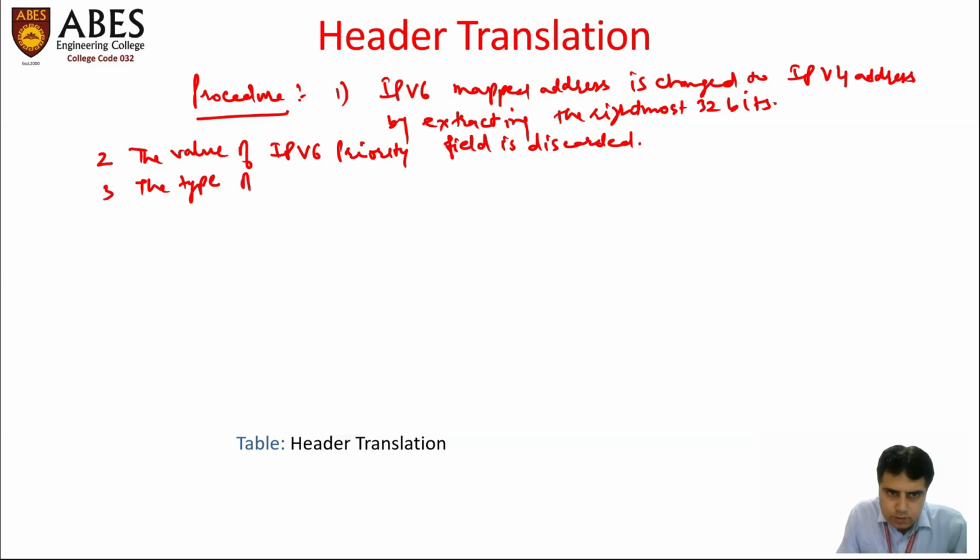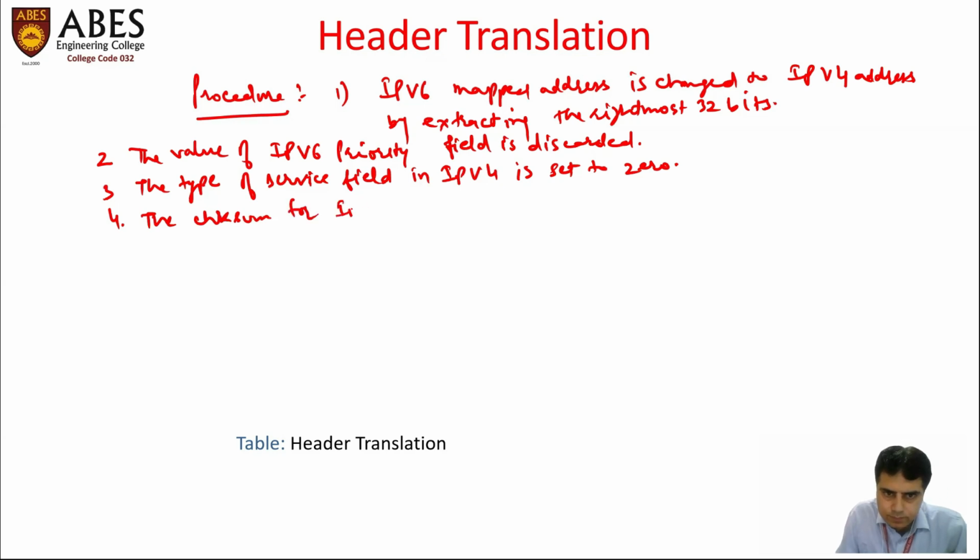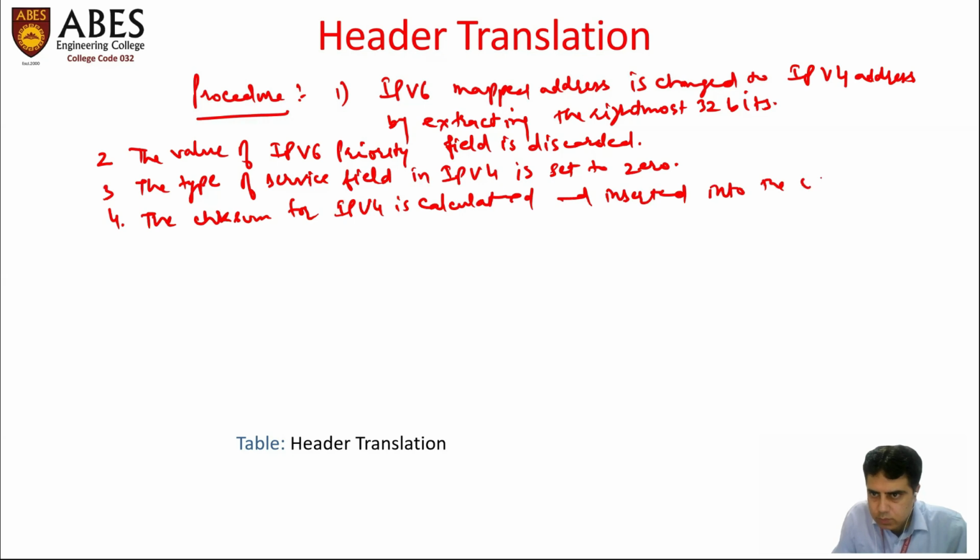Third, the type of service field in IPv4 is set to 0. Fourth, the checksum for IPv4 is calculated and inserted into the corresponding field.